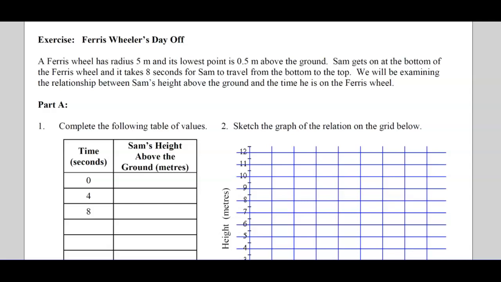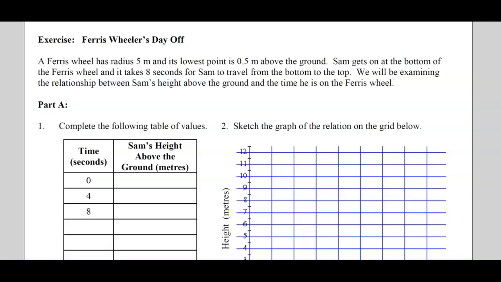Okay, so who's been on a Ferris wheel? Yeah, Ferris wheel. If you think about even when you were younger and maybe went on a merry-go-round, that's just a horizontal Ferris wheel, basically.